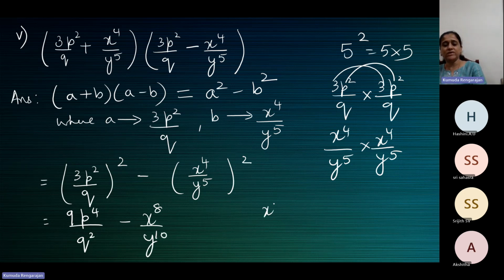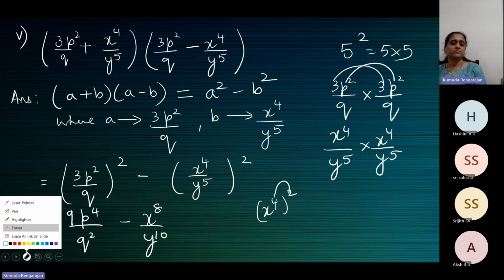When we have x to the power 4 the whole square, don't we multiply the powers, 4 to the 8? It is x power 4 into x power 4. Bases are same, multiplication, add the powers. 4 plus 4, 8. 5 plus 5, 10. This is the final answer.